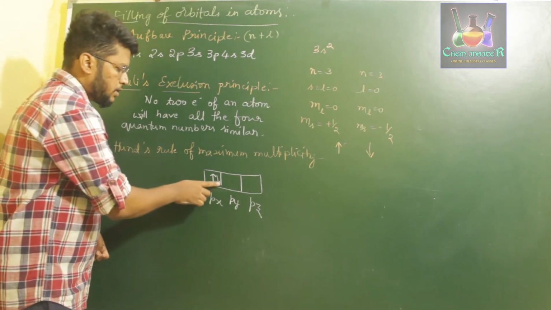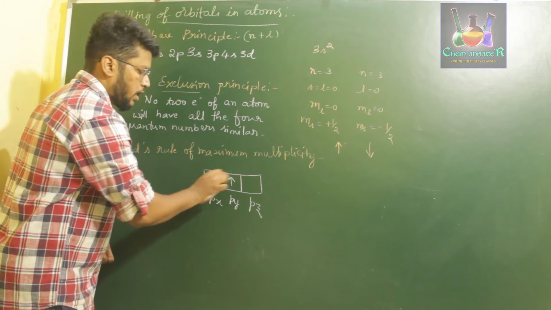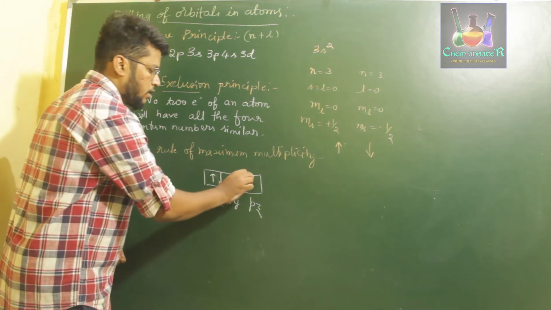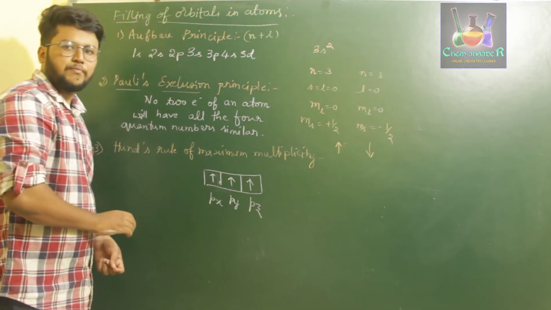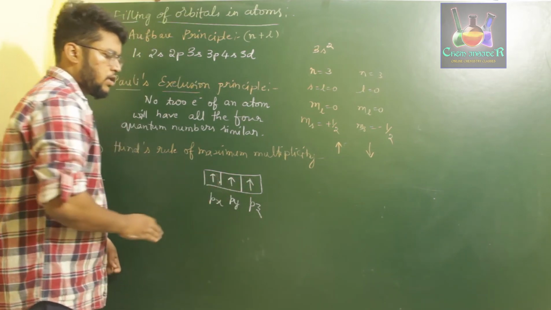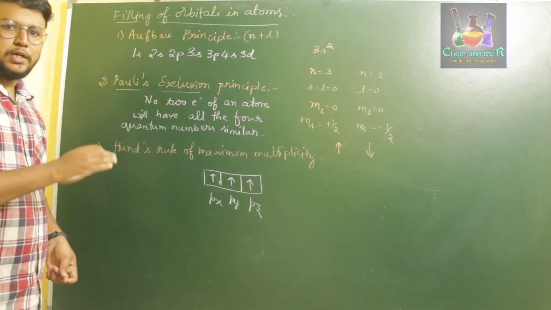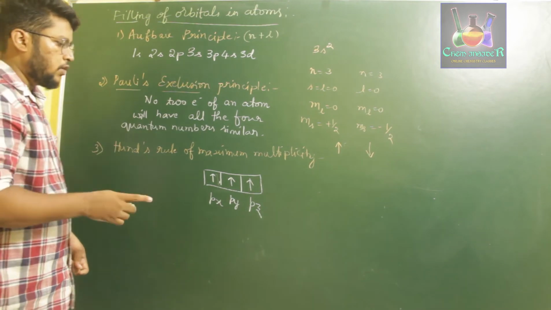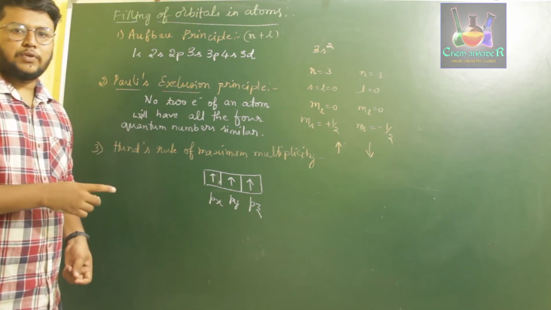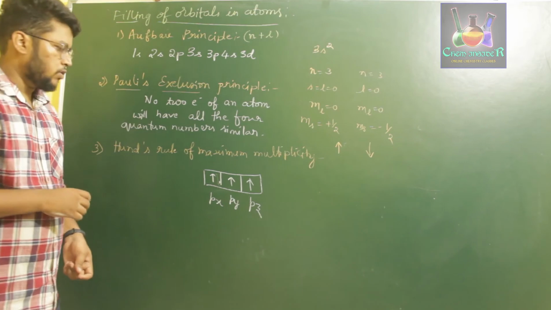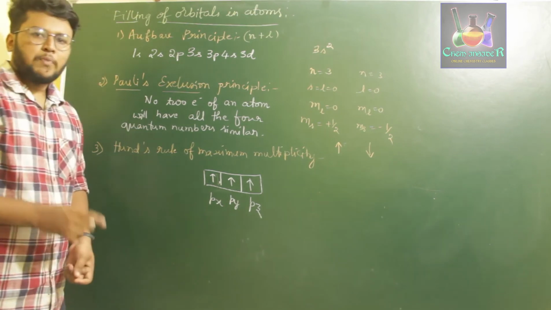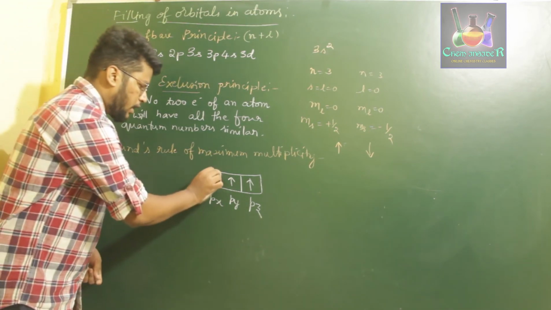First it has to fill the second orbital, and then the third electron should fill the third orbital. Once all the orbitals of a particular subshell are filled with single electrons, then only can it pair up with the other entering electrons. That means for a p orbital, pairing starts from the fourth electron.